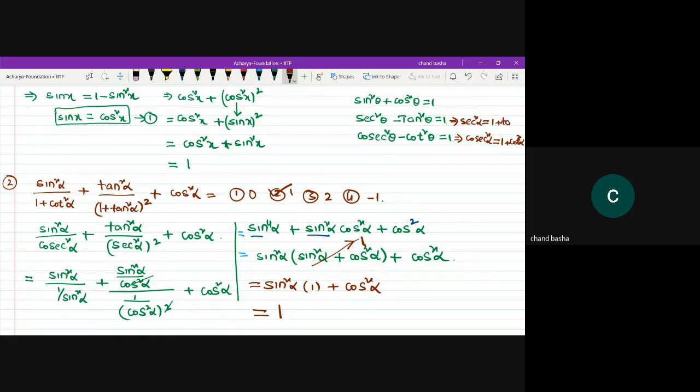That's why I'm telling you, guys, before attending the class, you have to revise all the points. These are all already proved. Cosecant alpha is 1 by sine alpha. Cot is cos by sine. Tan is sine by cos. Secant is 1 by cos. So all trigonometric ratios will be converted in terms of sine and cos.